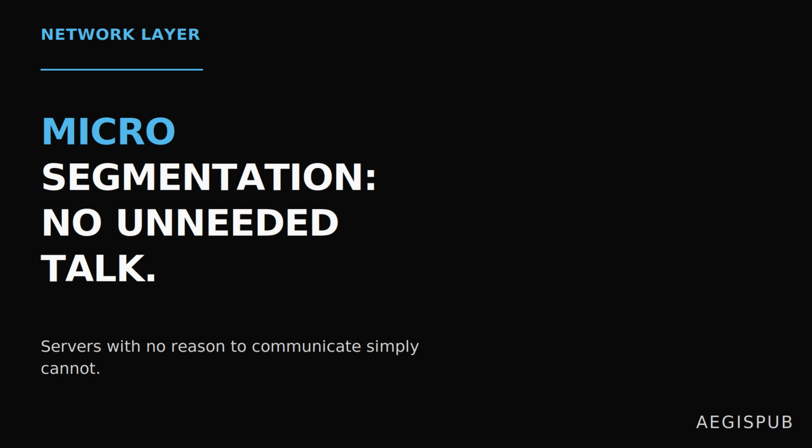Two servers in the same subnet, running services that have no reason to communicate with each other, cannot communicate with each other. The network is no longer shared between workloads that do not need to share it. An attacker who compromises one server cannot initiate connections to any other server in the subnet without crossing a policy enforcement point.